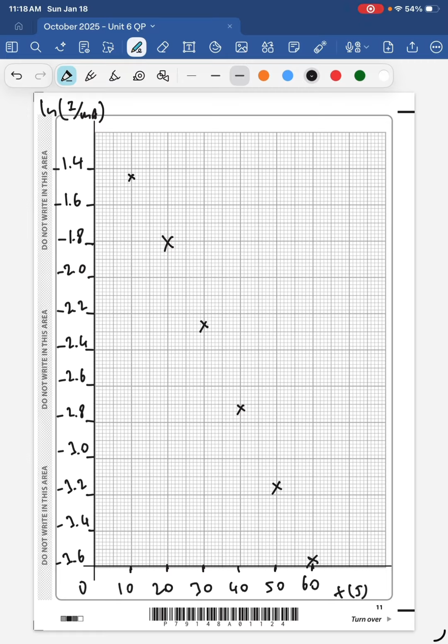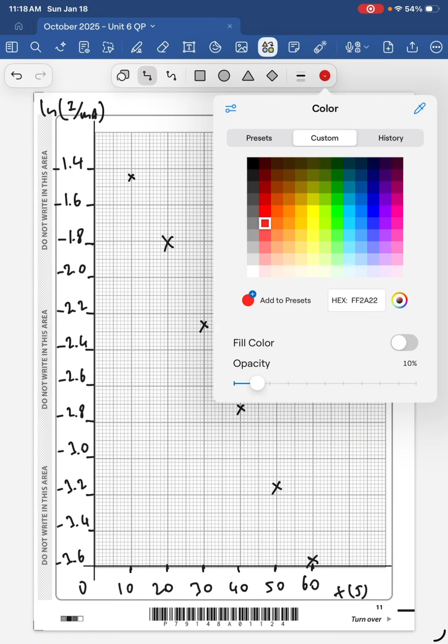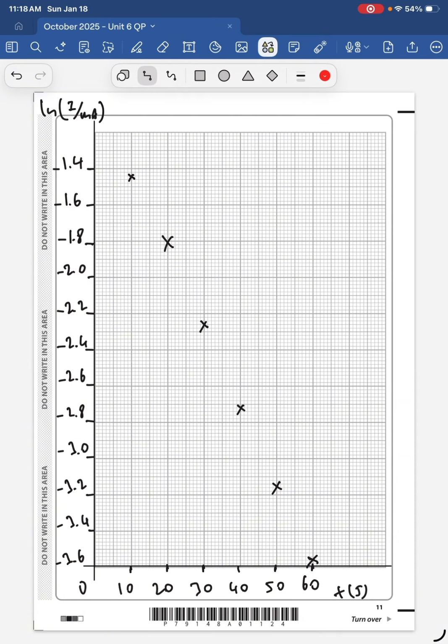Now it's time to draw the line of best fit. It's a very nice straight line, so we shouldn't have a problem. Let's use a different color. Let's use red, and let me try to go through the points. Oops, I don't know why this happened.